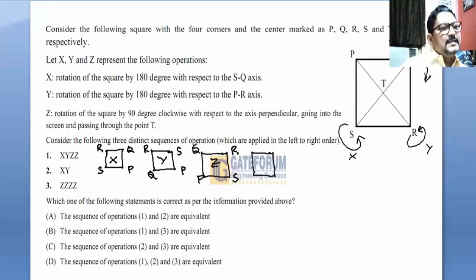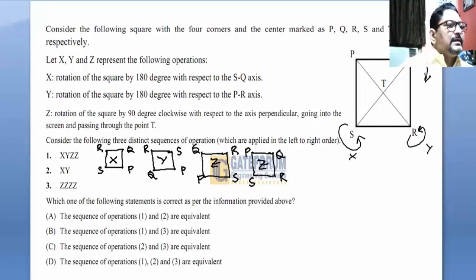We could have said together that applying Z twice would be a 180 degree change, but one doesn't know where they will be the same. As a result of this, I'm showing you every step. So the next case would be, this would be R, this would be S, this would be P, and this would be Q. So this is the final stage.